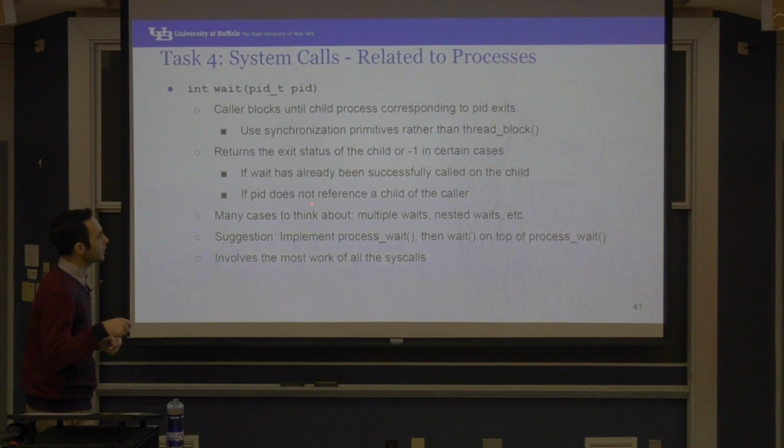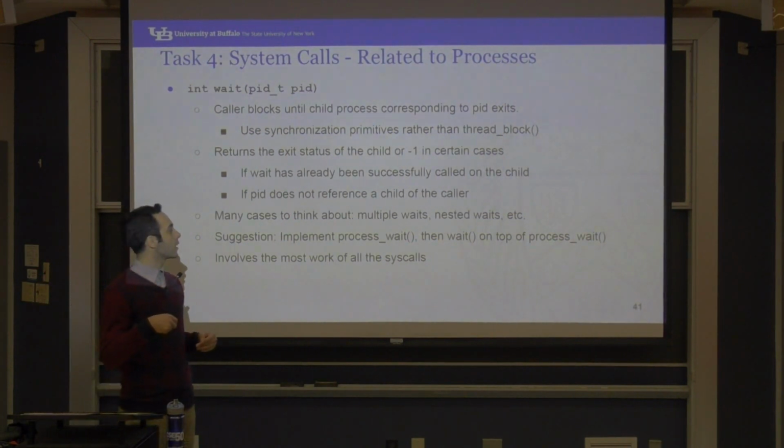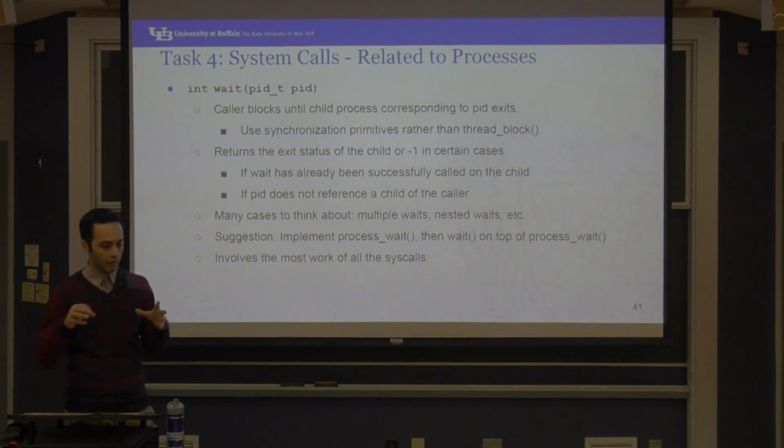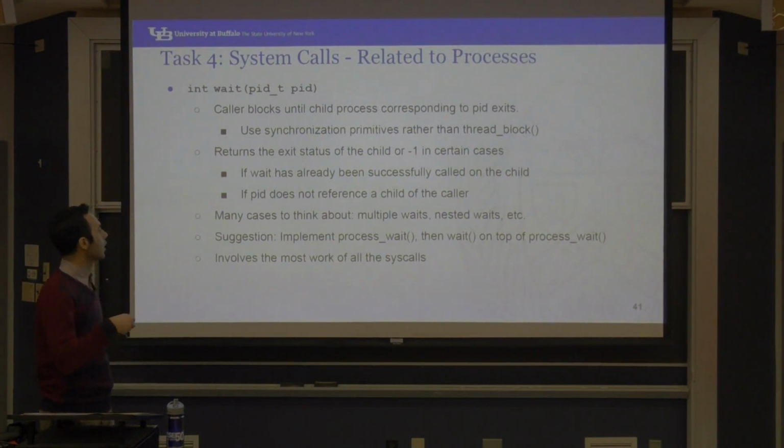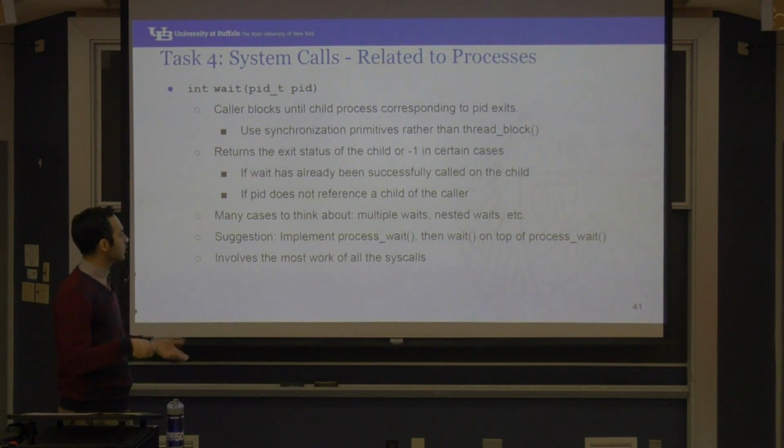And if again the PID does not reference a child of the process, so if the parent is just waiting on a random process, the result should be -1. And then again, you have to remember, the process can call wait on different ones or nested ones.